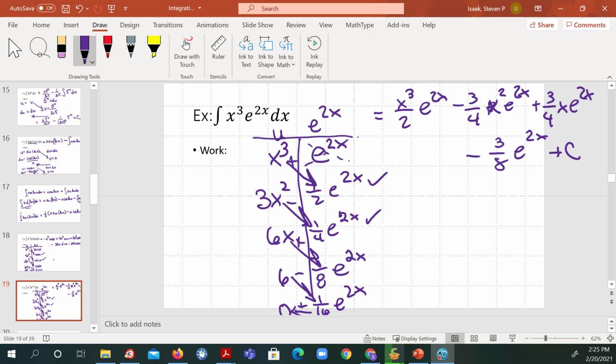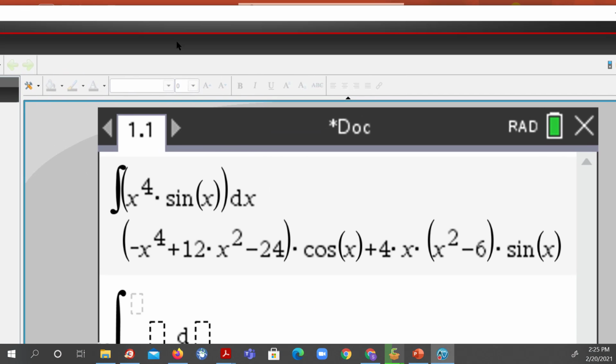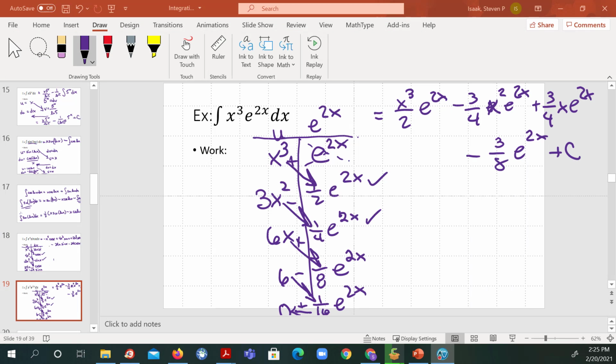And I'm going to double check that on my Inspire. I'm going to have to do it over here and just drag it over because it just isn't cooperating today, but that happens.